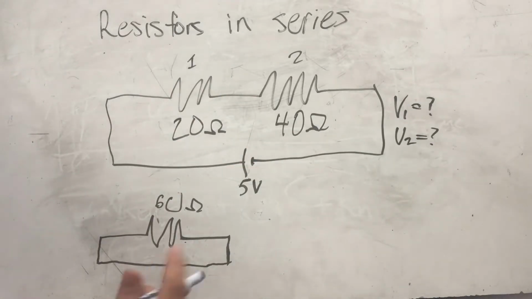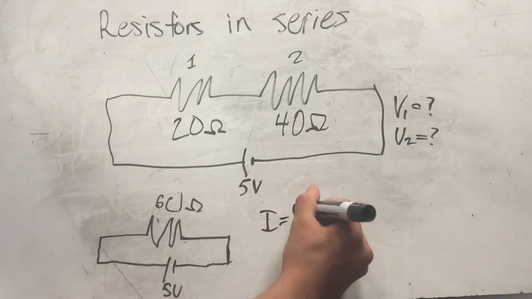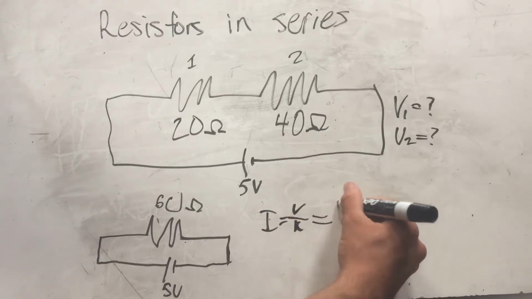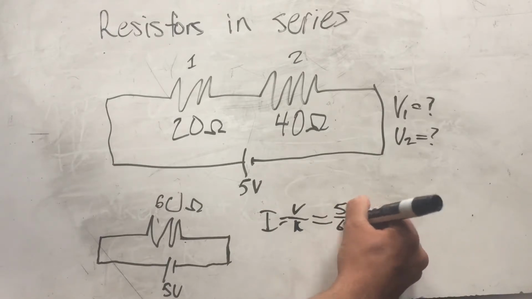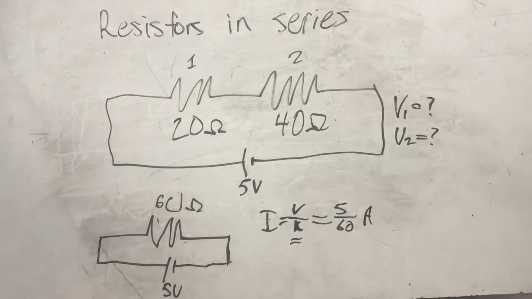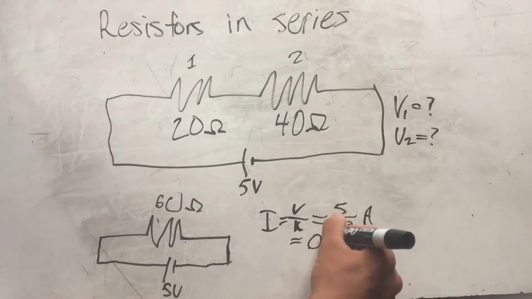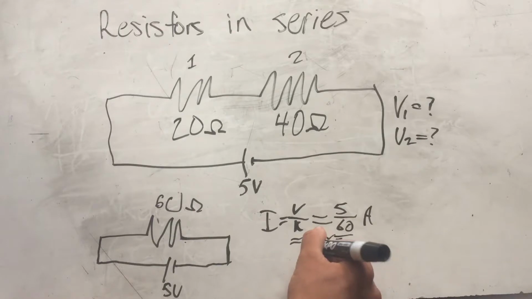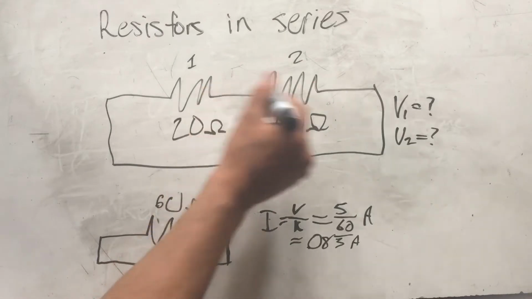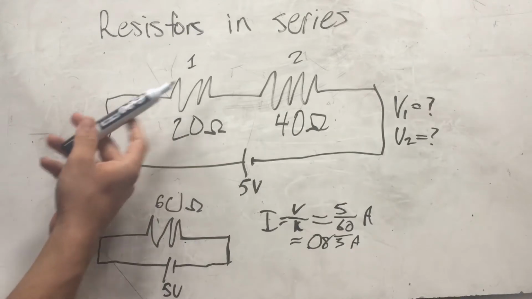So we can rearrange Ohm's law to get I equals the voltage over resistance, or 5 over 60 amps, which can be written in decimal form as 0.083 repeating amps.